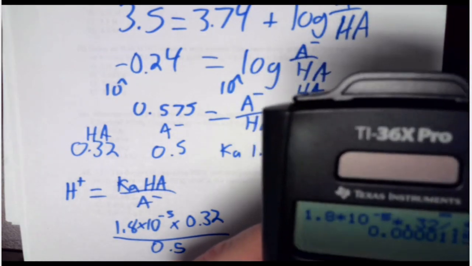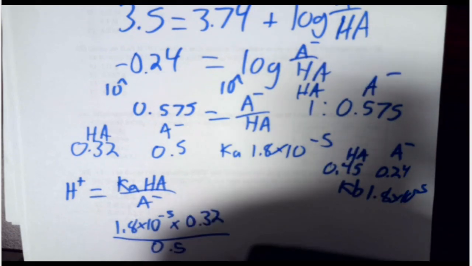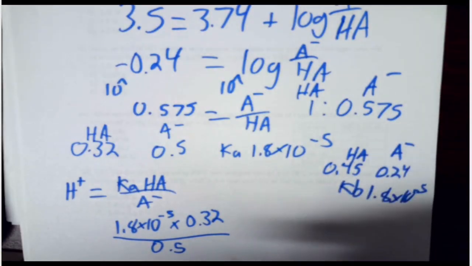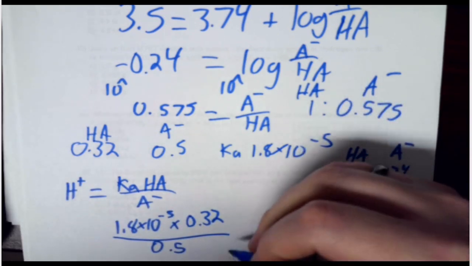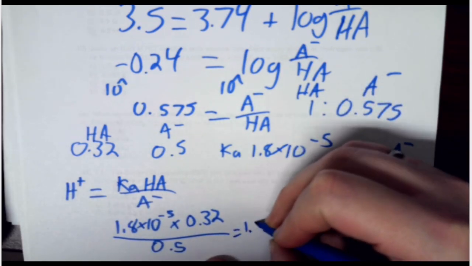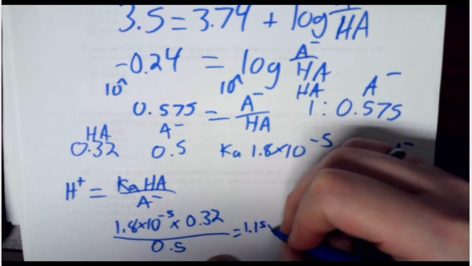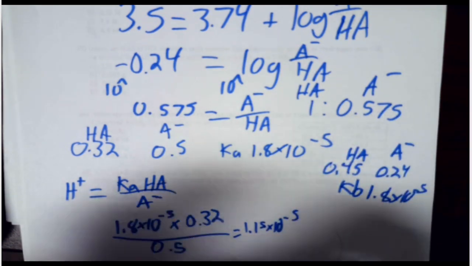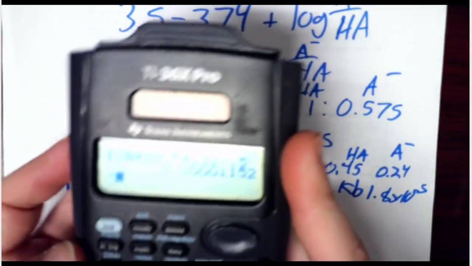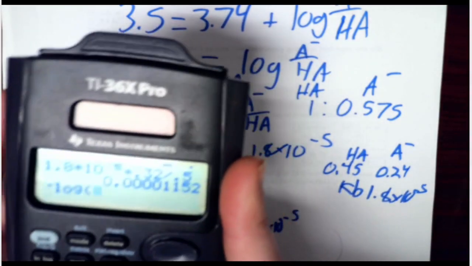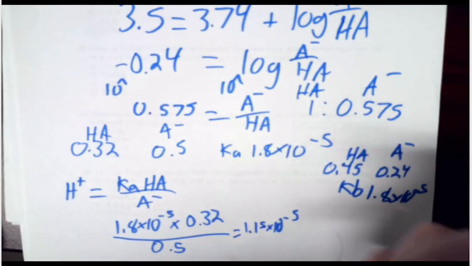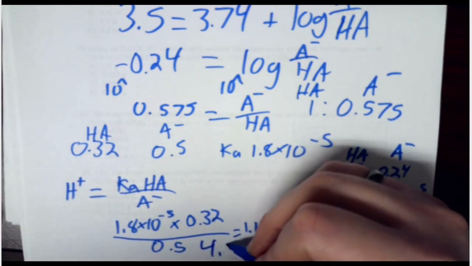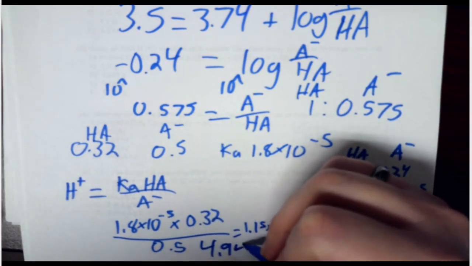That's 1.15 times 10 to the negative fifth. You take the negative log of that, and it gives you 4.93. Slightly acidic, but slightly less acidic. 4.94 pH.